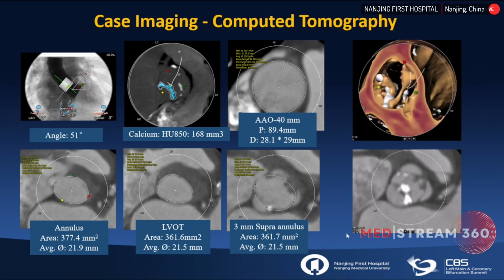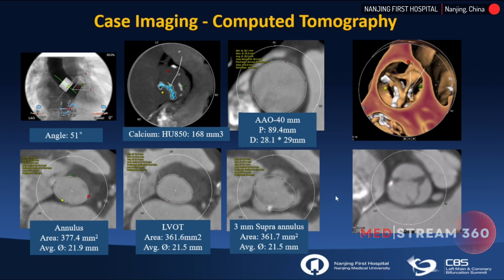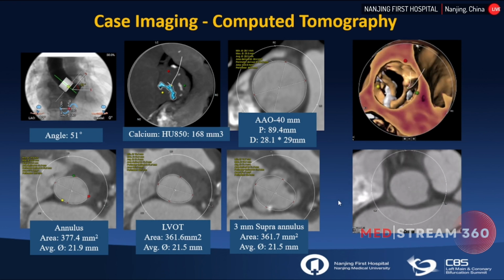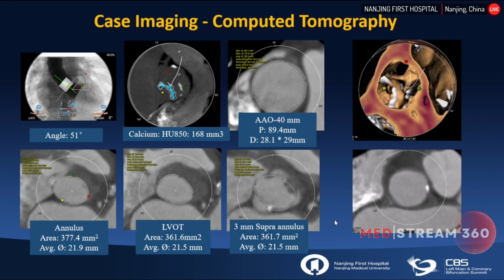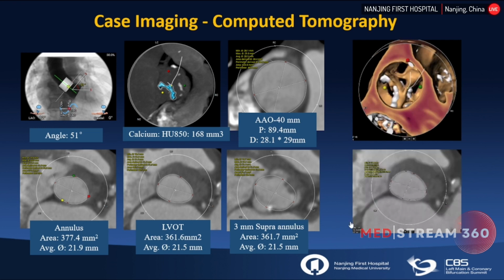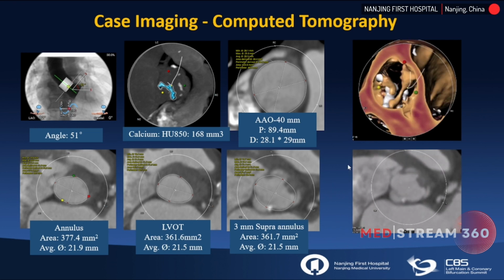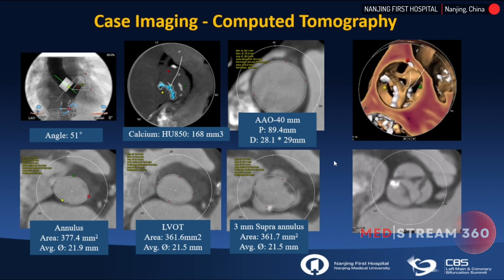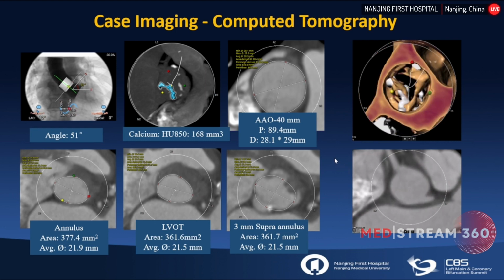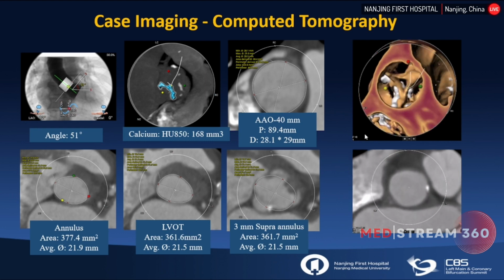You can see from the CT analysis, it's a typical type 1 bicuspid aortic valve with left and right cusp fusion. You can also notice the leaflet of the non-coronary cusp.